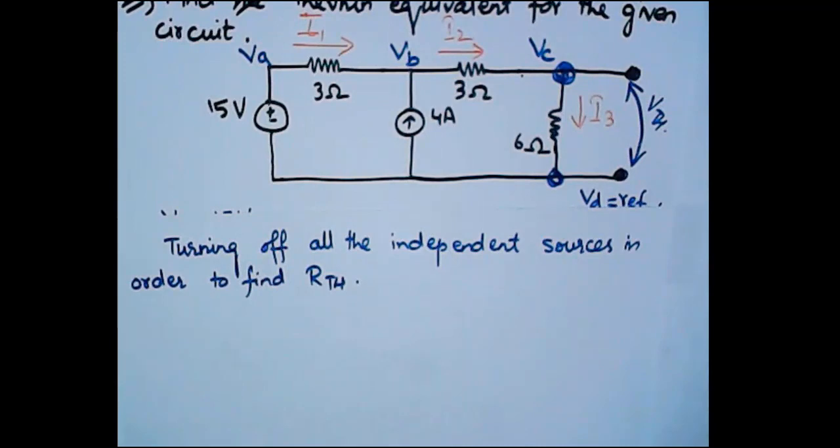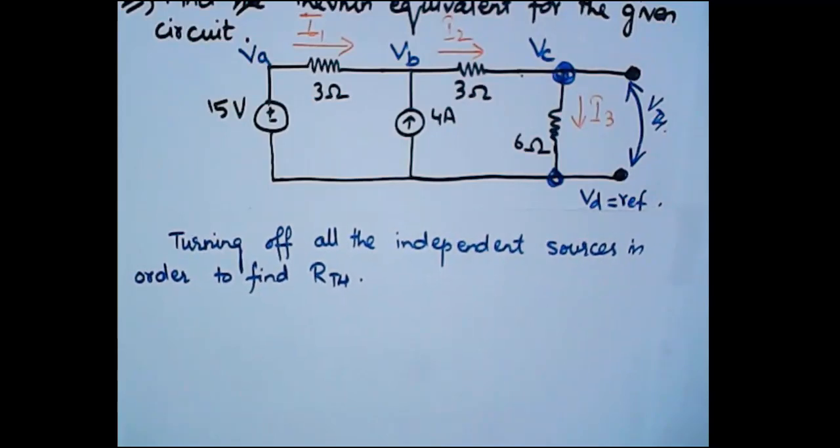How are the independent sources turned off? Just a quick revision: the voltage sources are short circuited, whereas the current sources are open circuited. I realize that I am going a bit fast through this numerical, so after the completion of this numerical, I will repeat it completely, right? So no issue if you have any confusion. I will repeat it again after the completion, right?